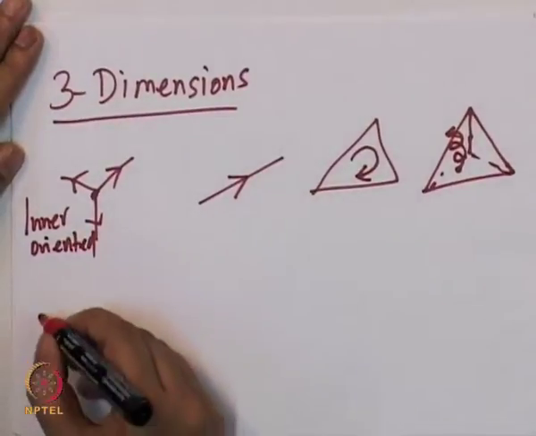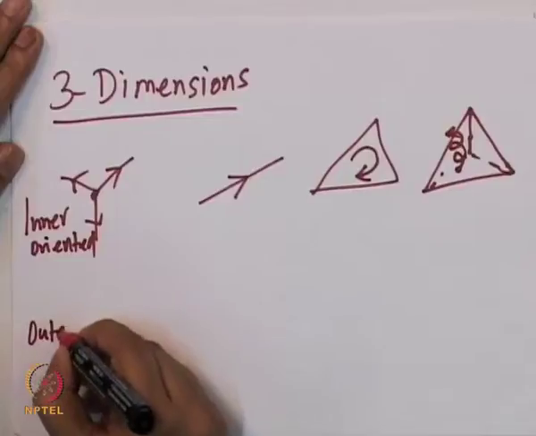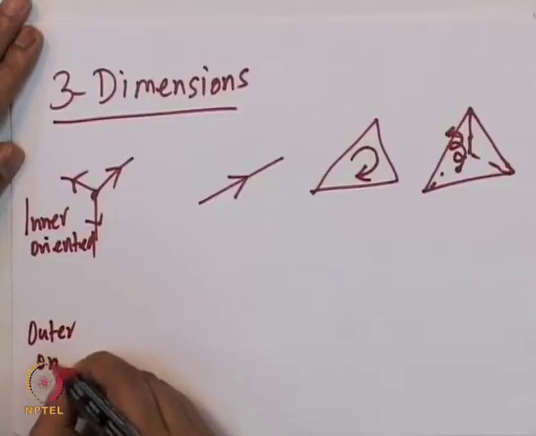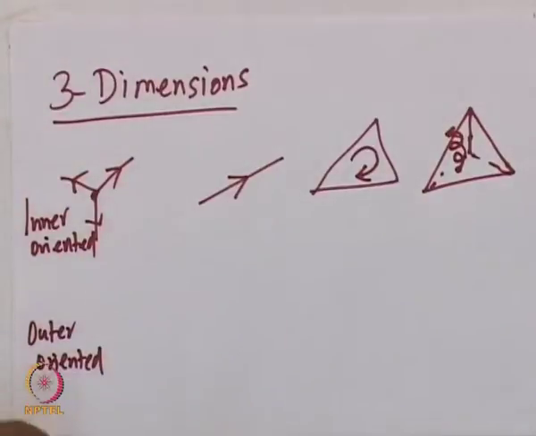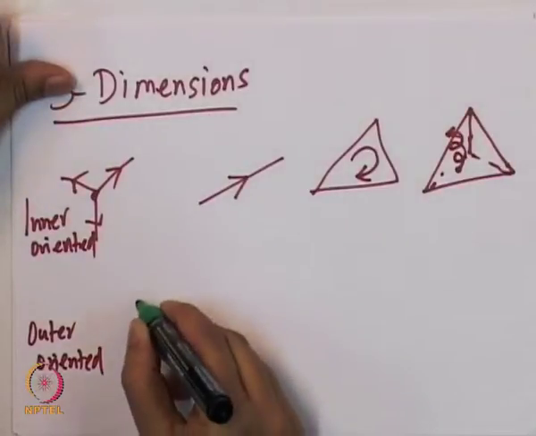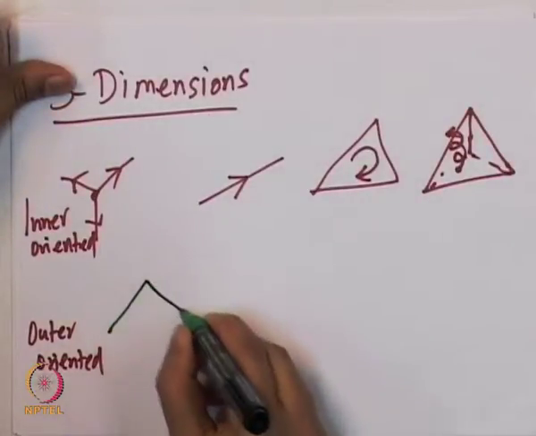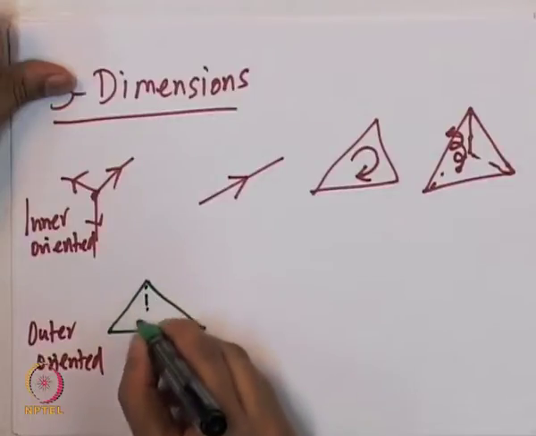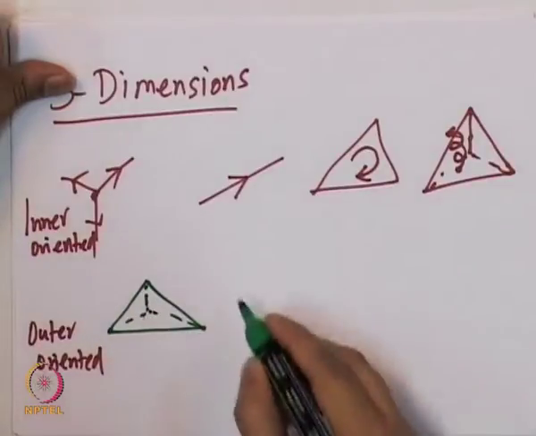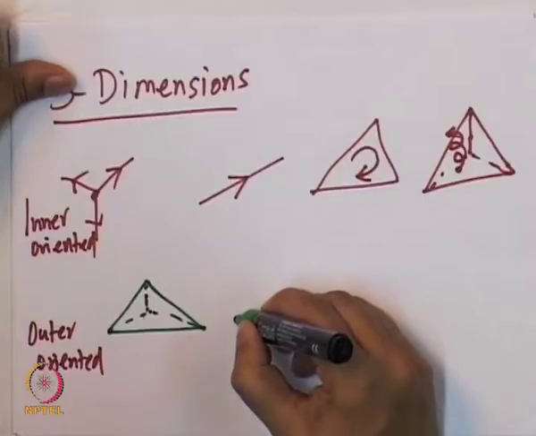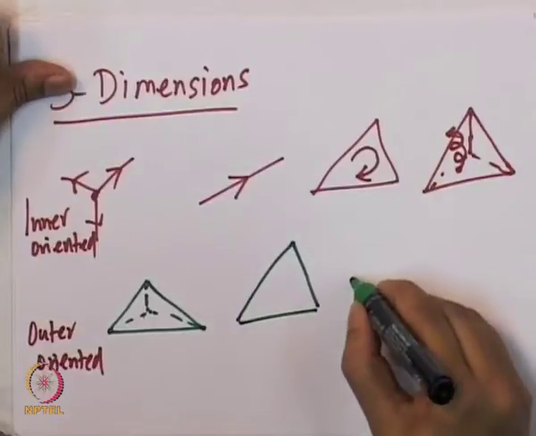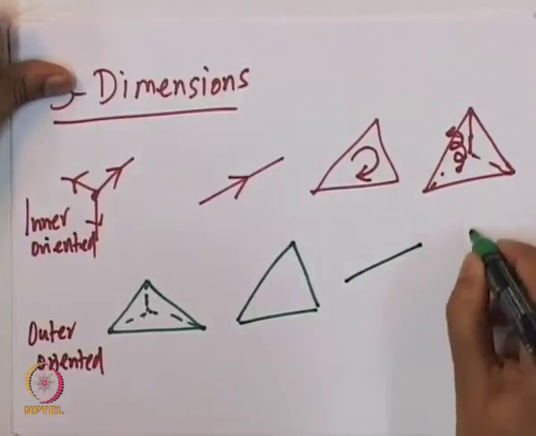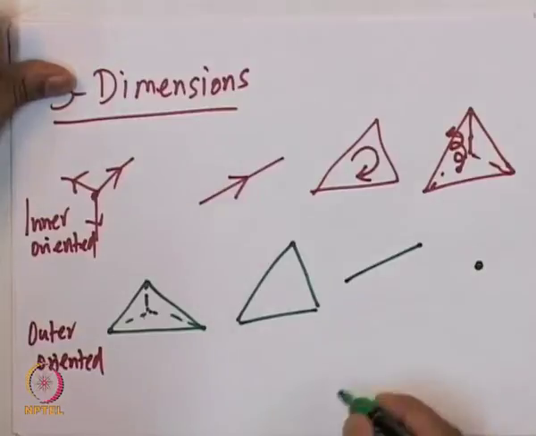What we are going to do is, we are going to see the outer oriented space for these objects. What we are going to see is, for the point it will be the volume, for the line it will be a surface, for the surface it is going to be a line, and for the volume it is going to be a point.